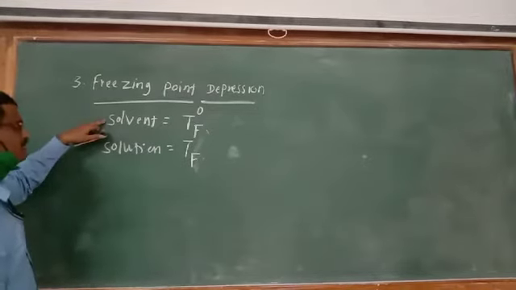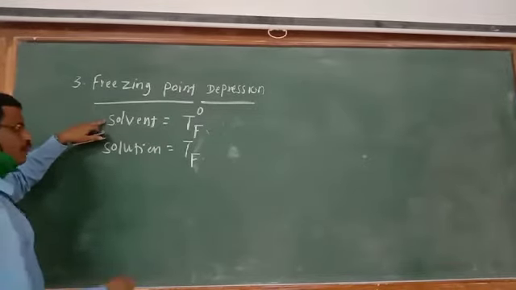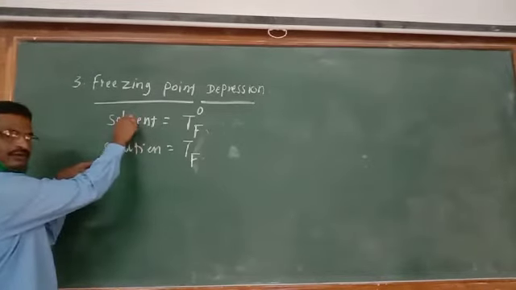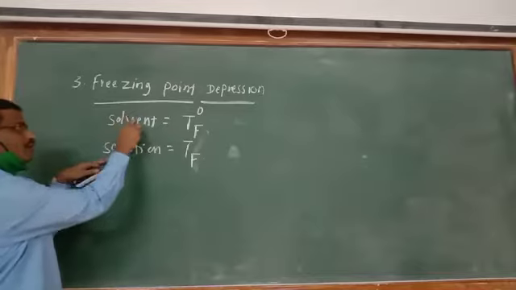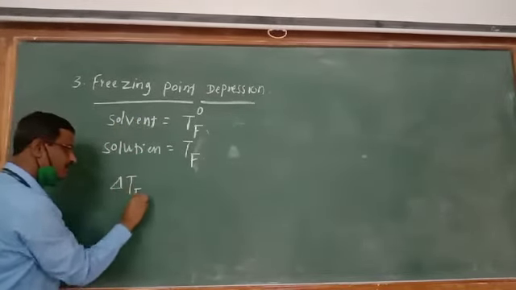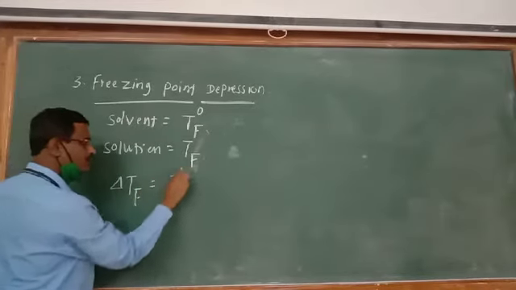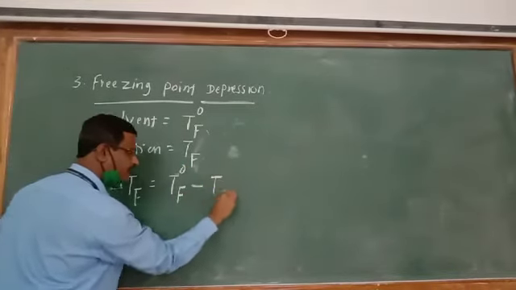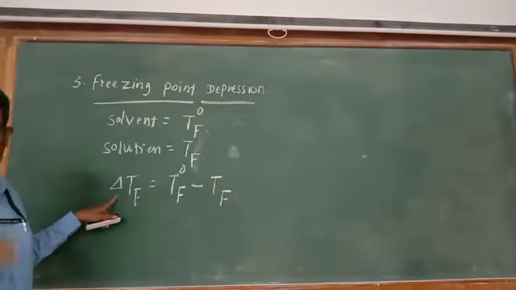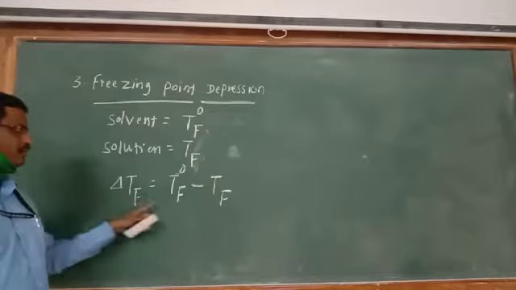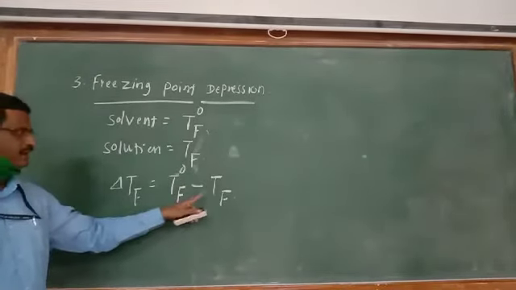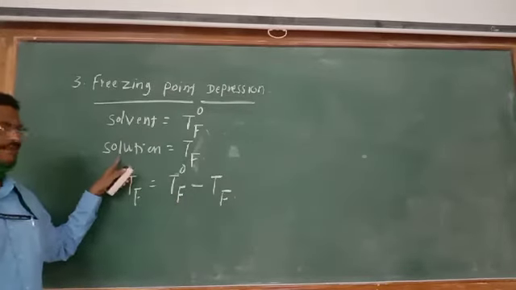As it decreases, we have to take the difference as solvent minus solution, and that difference, delta TF, will be equal to T0F minus TF. It is known as depression of freezing point. Here T0F is the freezing point of pure solvent and TF is the freezing point of solution.